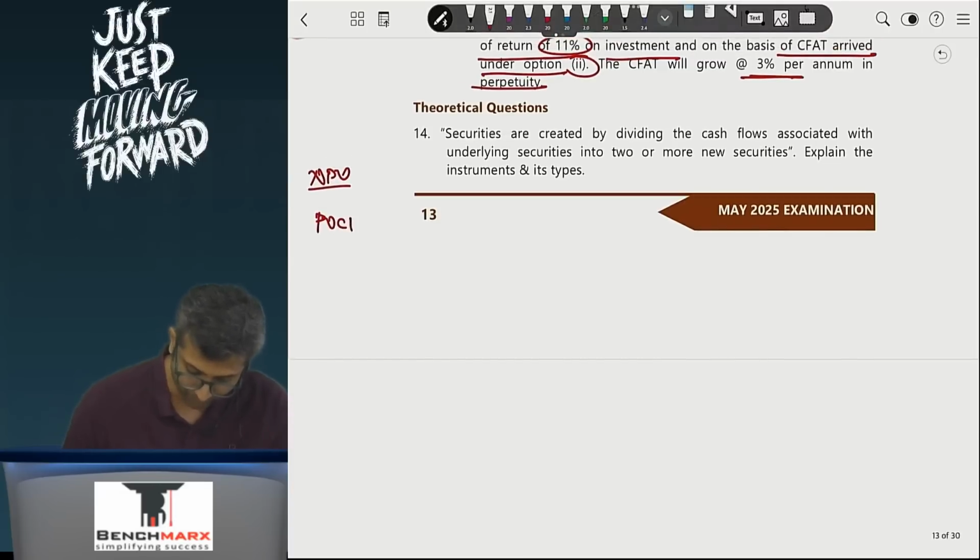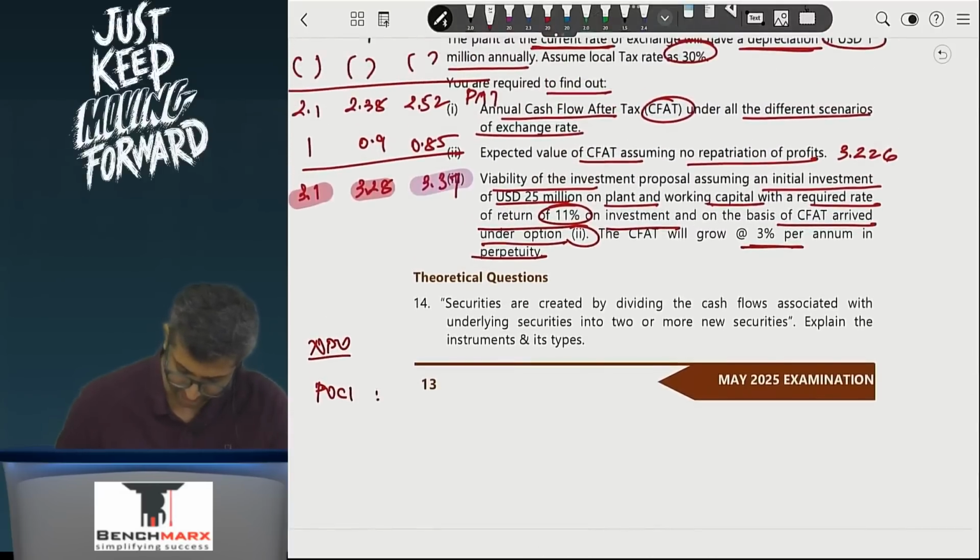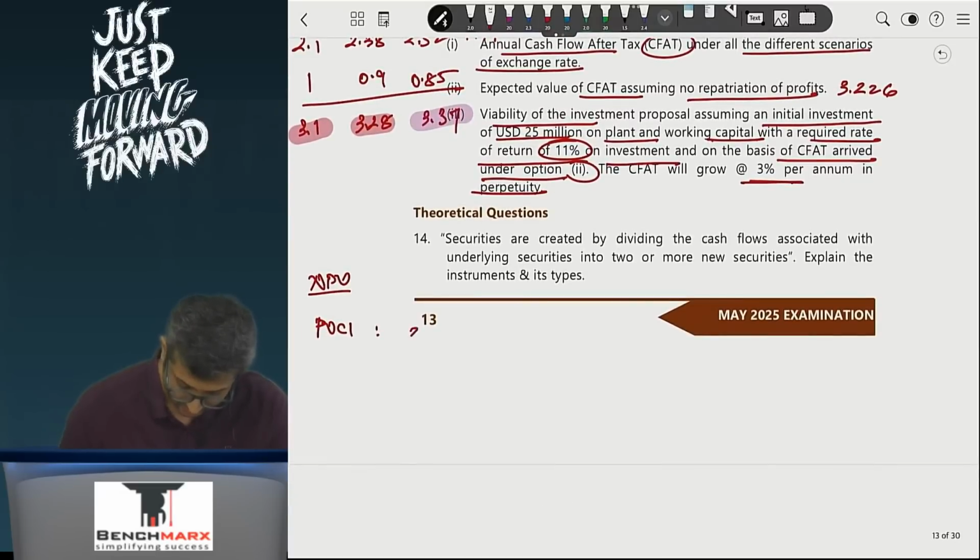Your cash inflow is going to be, if I take in million, 3.226 into 1.03 upon 0.11 minus 0.03.